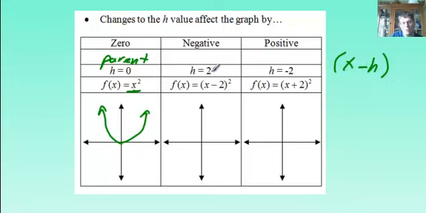So if h is 2, it's like I'm saying x minus, and I'm plugging in a +2, that's telling me I'm going to be shifting to the right 2.